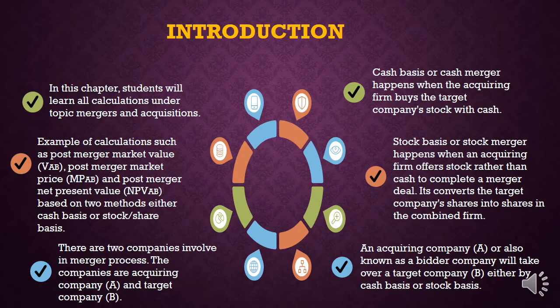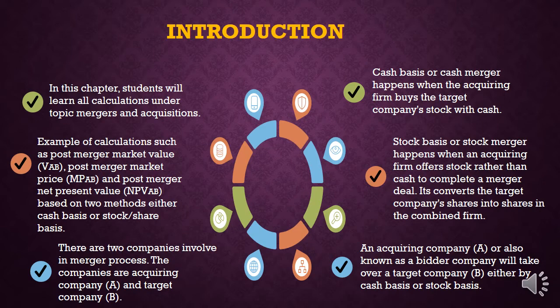What is a cash basis and also stock basis? Cash basis, or cash merger, happens when the acquiring firm buys the target company stock with cash. Meaning that under cash basis, the merger and acquisition will happen by cash payment.